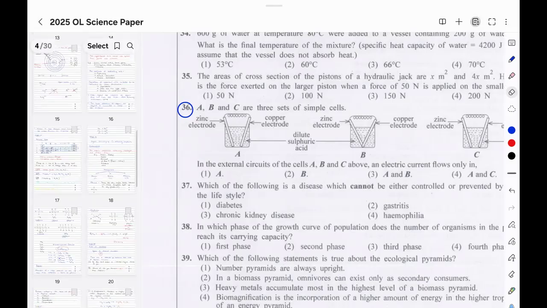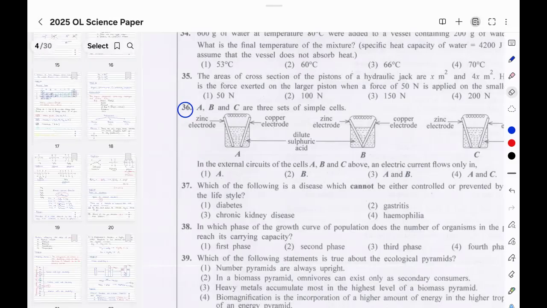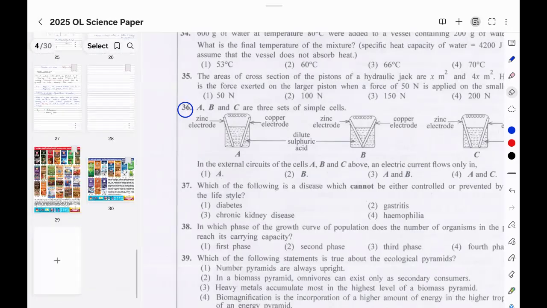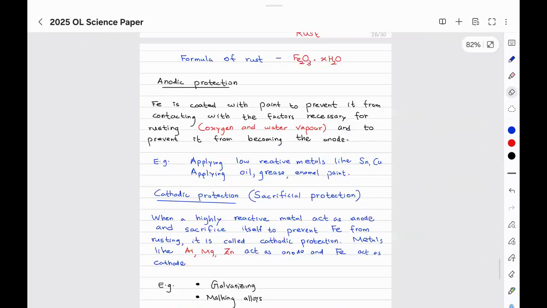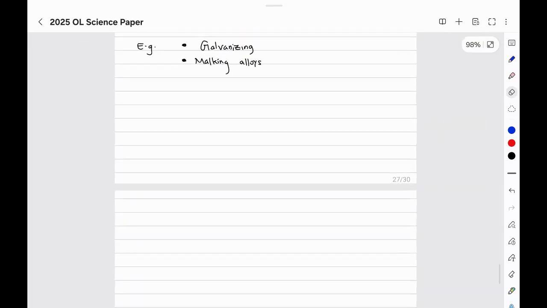Now, in electrochemistry, right? Electrochemistry lesson, we are learning about electrochemical cells.